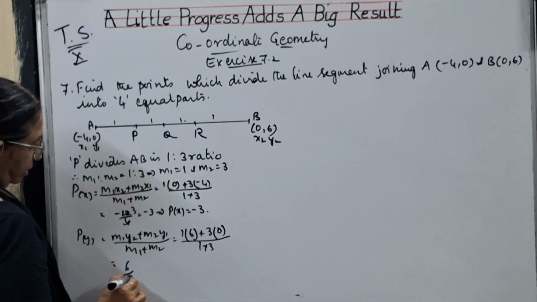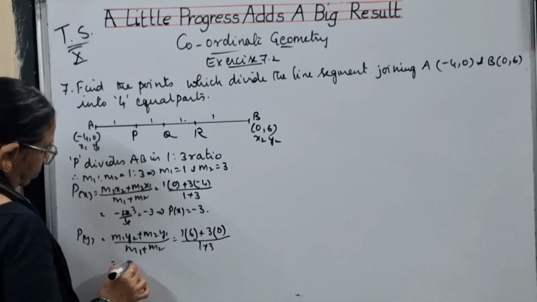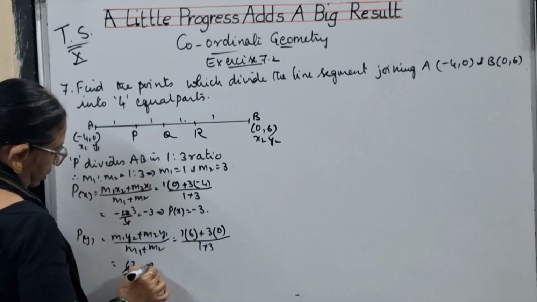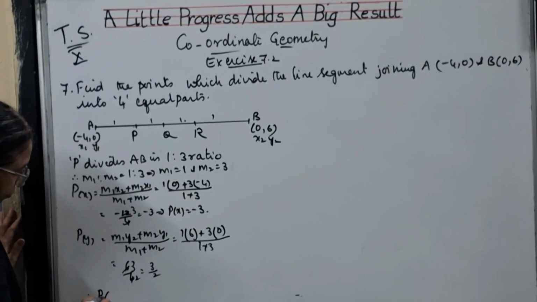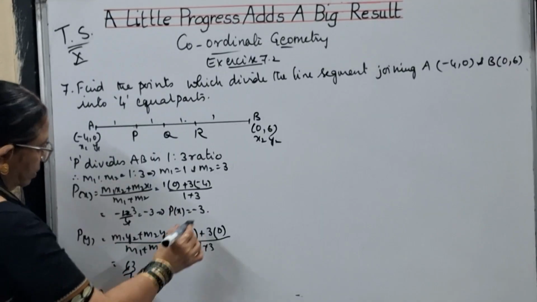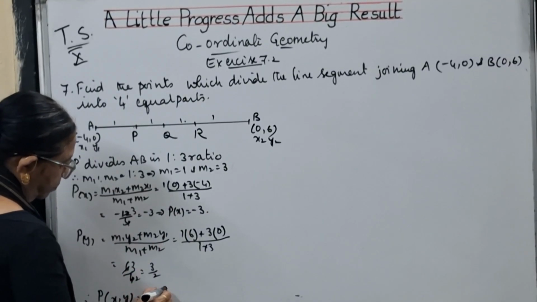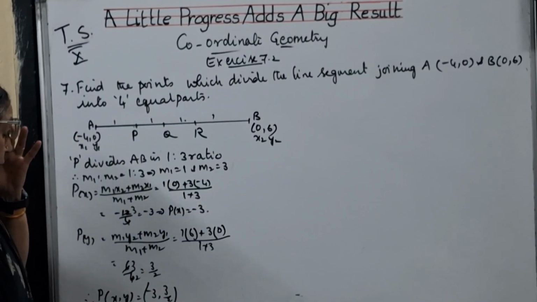That is 6 by 4. 6 by 4 means 2 threes are 6, 2 twos are 4, so 3 by 2. So P of (x, y) is equal to (-3, 3/2). These are the coordinates of P.